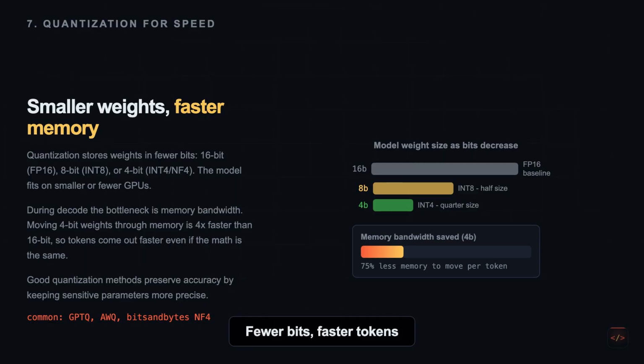So the model generates tokens quicker even when the math is unchanged. The trade-off is precision. Too aggressive and quality drops. Modern methods are careful about which parts to compress and how, keeping the sensitive bits more precise so you get most of the speed and memory savings with little visible loss.